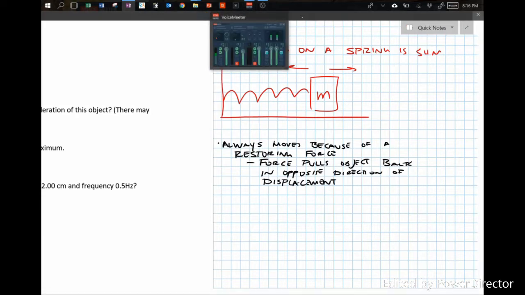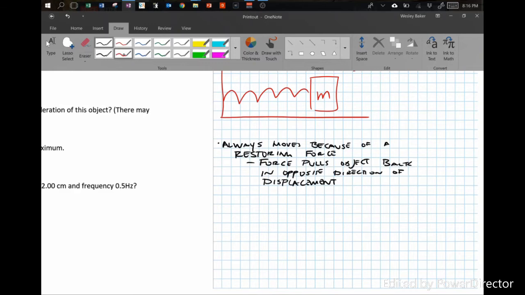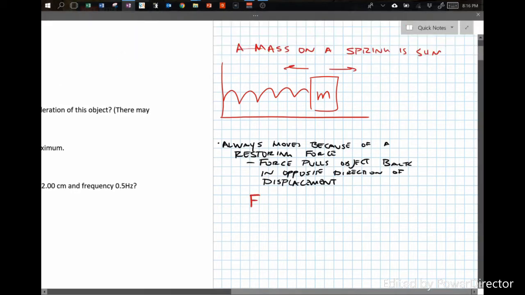So when we talk about a mass on the end of a spring, we see that the force of the spring is equal to negative k times x. What this negative sign means is that the force is opposite the displacement, where x is the displacement, and k is the spring constant.